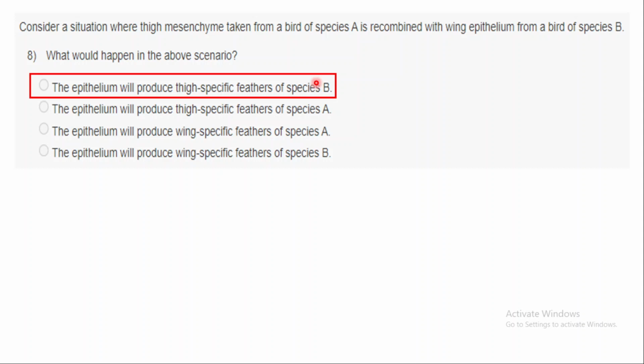Yeah, if you give legs, it will produce. Yes, but you see, those signals are from the same species, right?